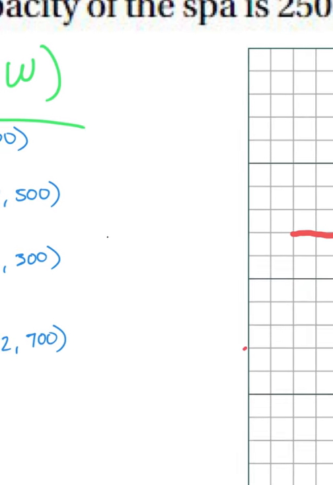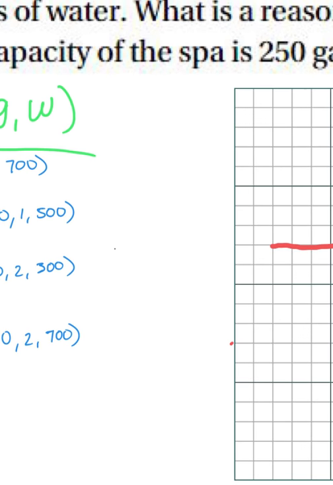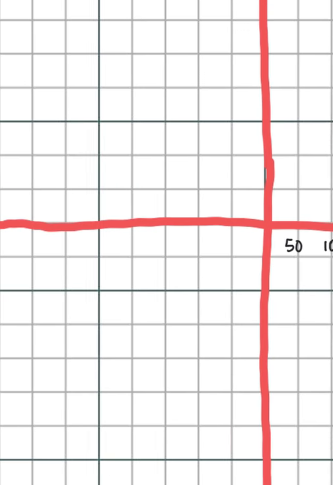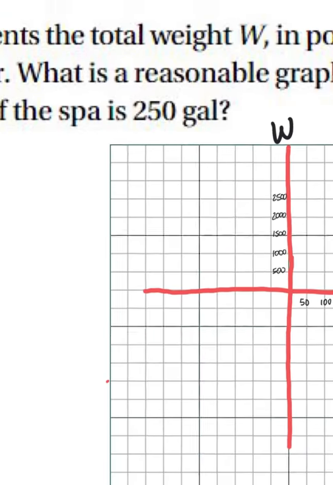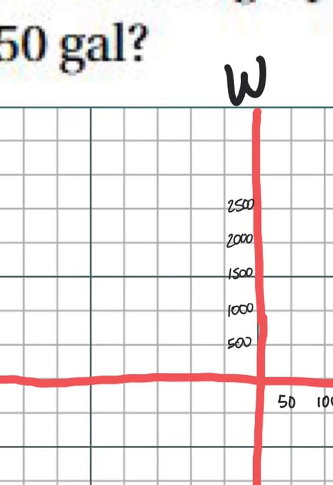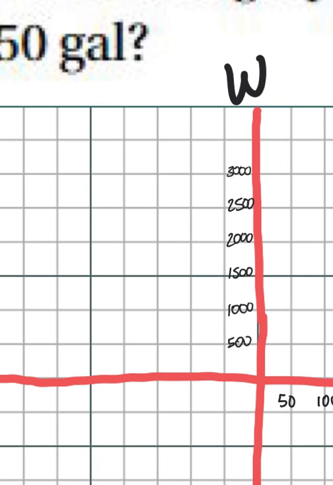And then in the W direction, we go from 700 to 1,500 to 2,300 to 2,700. I'm going to go by increments of, let's say, 500. So 500, 1,000, 1,500, 2,000, 2,500, and then 3,000. Okay?